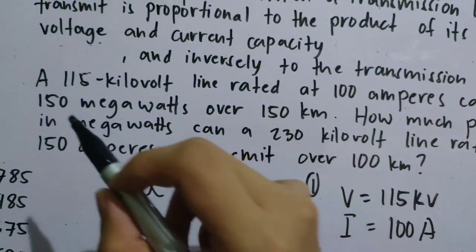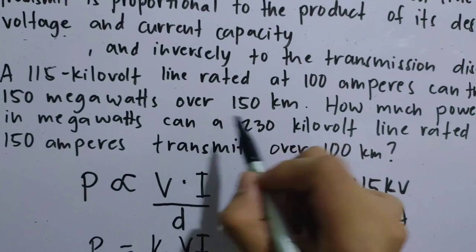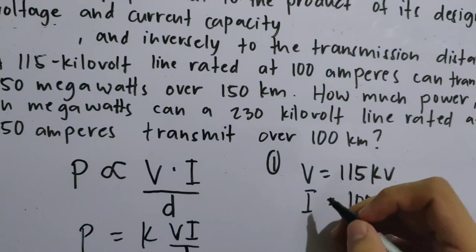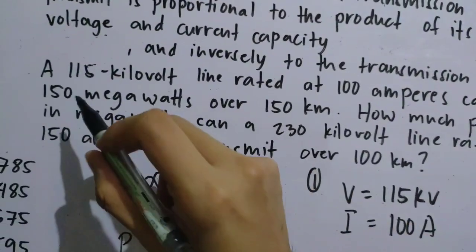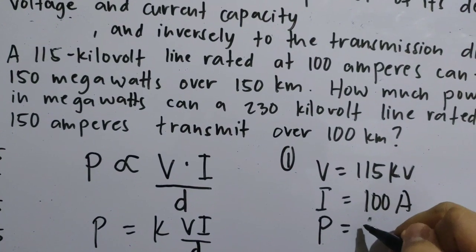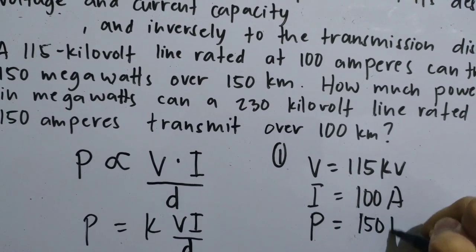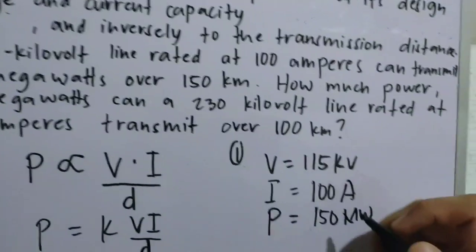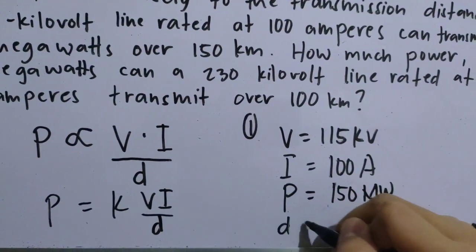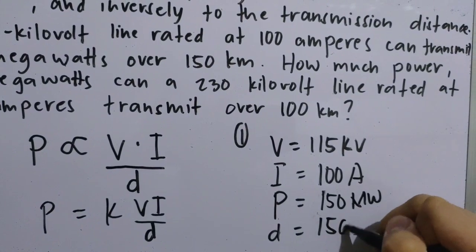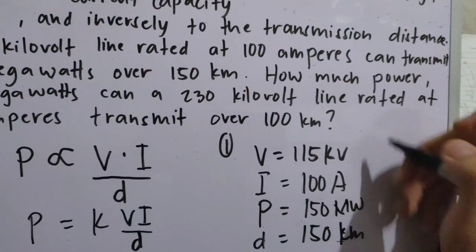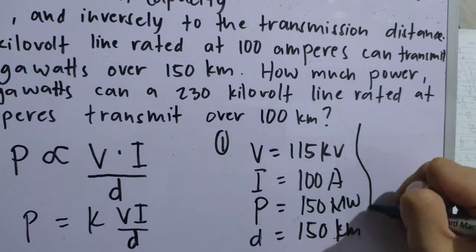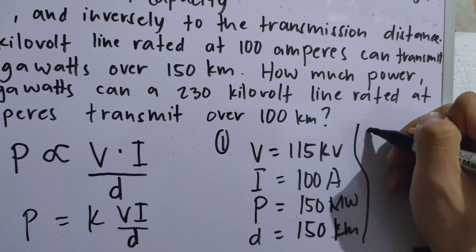It can transmit 150 megawatts over 150 kilometers. So the power is 150 megawatts, and the distance is equal to 150 kilometers. So that is our first condition, our first scenario.